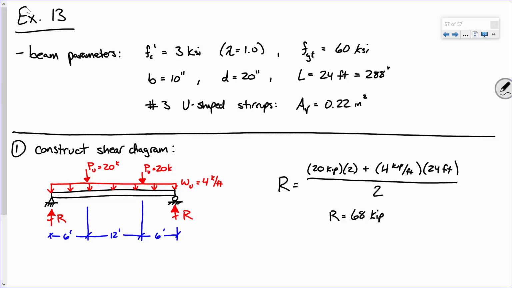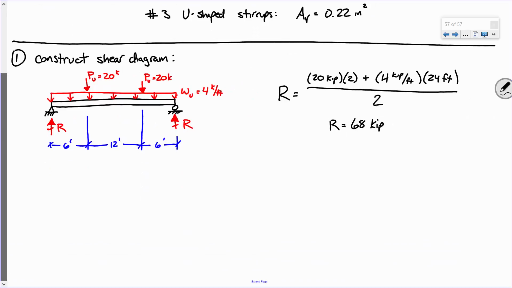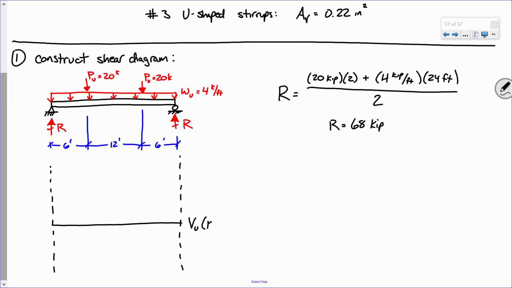Now, any questions? Before I start drawing a super detailed shear diagram, let's see if you all remember this. Let's go back. Let's just sketch one out, make sure we know what it's going to look like.